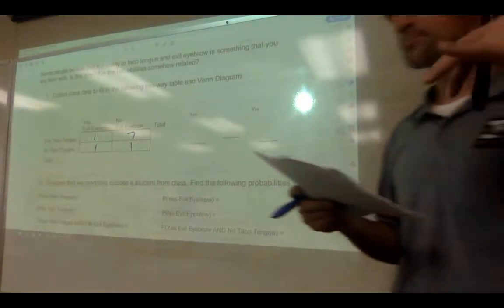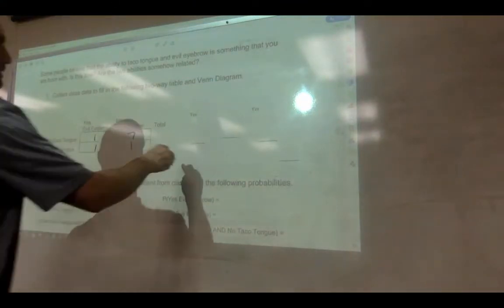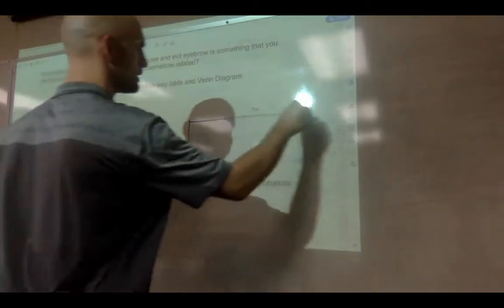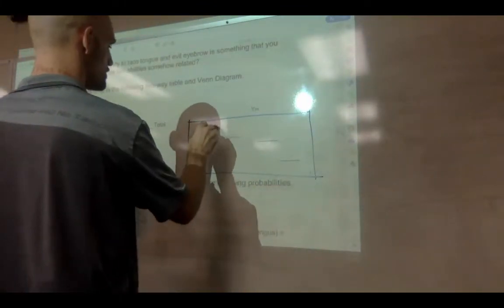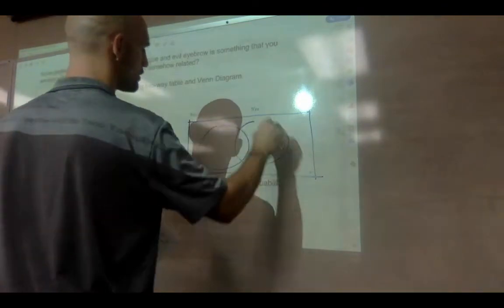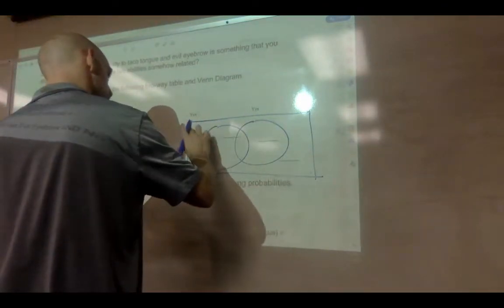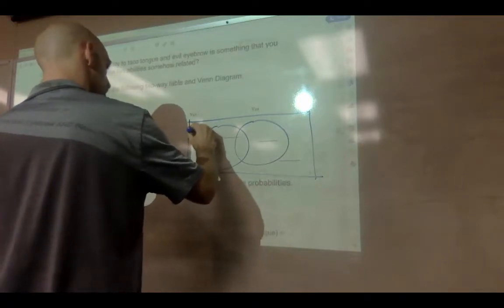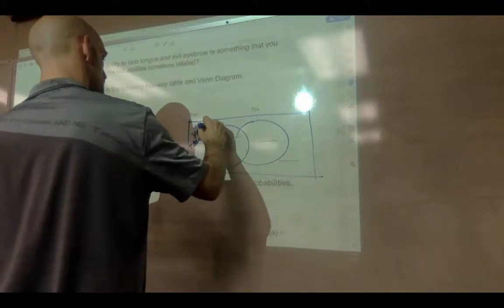So now what we're gonna do over here, does yours have this chart? We actually want to draw a Venn diagram over here. We're going to have two big circles. Does it matter where the lines fall on the circle?